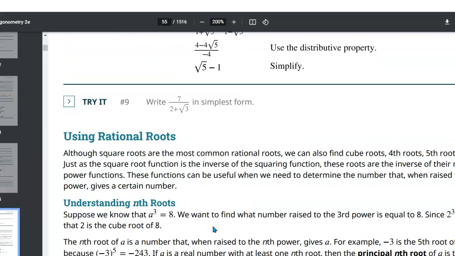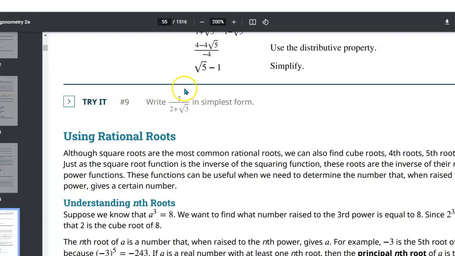And this one, you conjugate, you multiply by 2 minus radical 3 over 2 plus radical 3. Sorry, no. You multiply by 2 minus radical 3 over itself, 2 minus radical 3. So you multiply by 1, but you write it as 2 minus rad 3 over the same 2 minus rad 3.